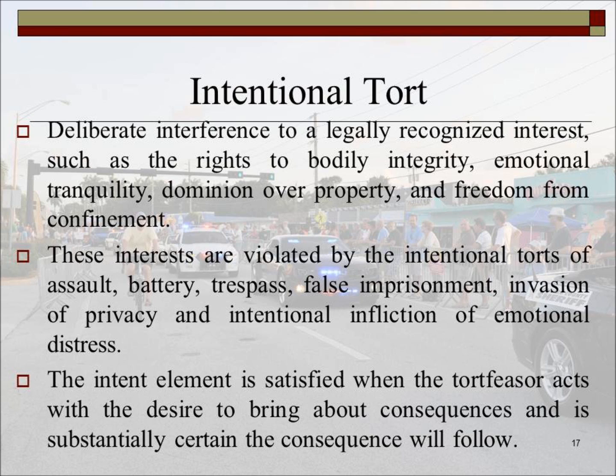These interests are violated by intentional torts of assault, battery, trespass, false imprisonment, invasion of privacy, and intentional infliction of emotional distress. The intent element is satisfied when the tortfeasor, the actor, acts with the desire to bring about consequences and is substantially certain the consequences will follow.